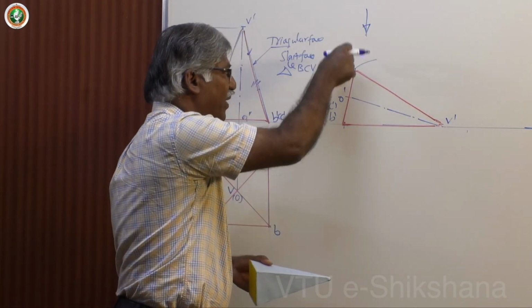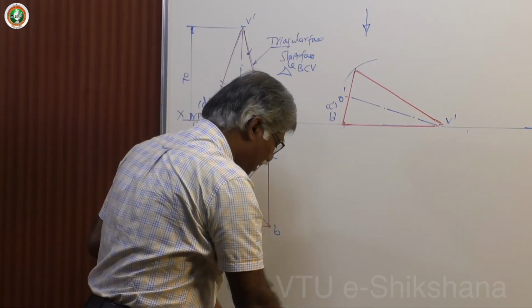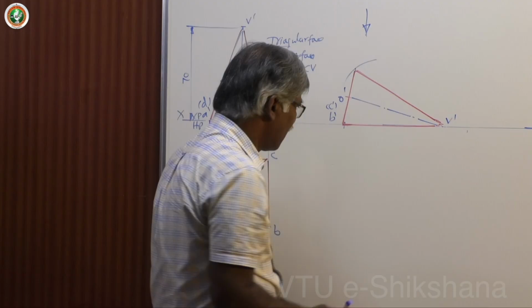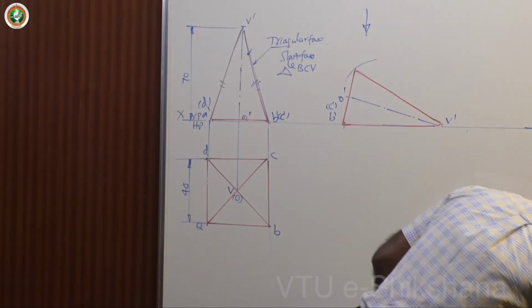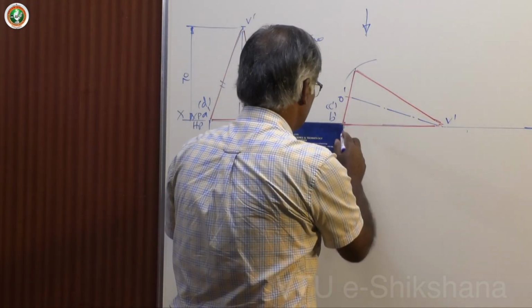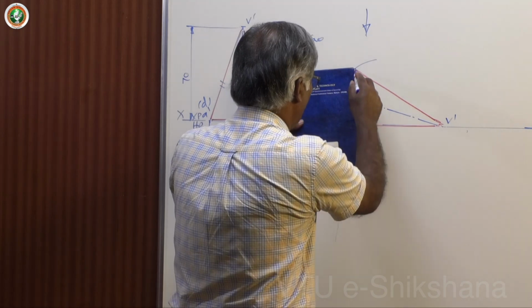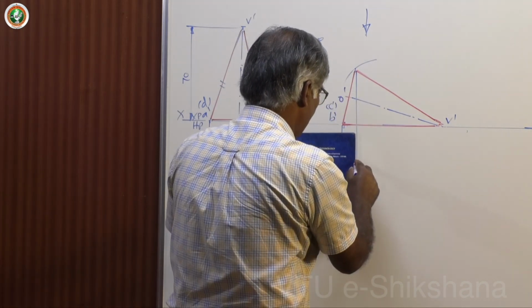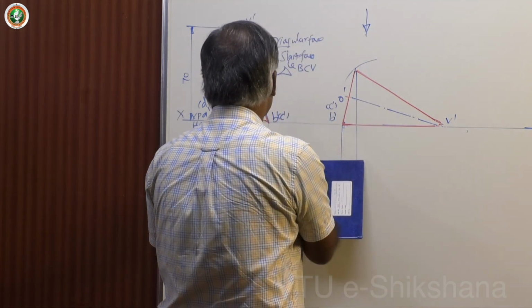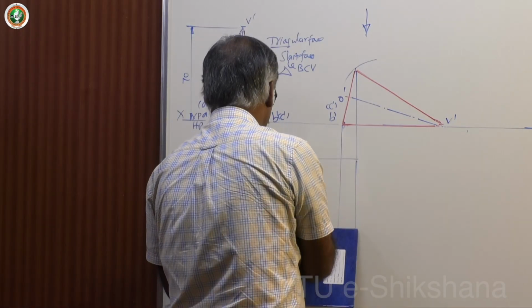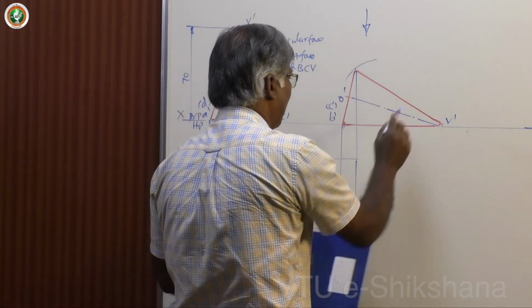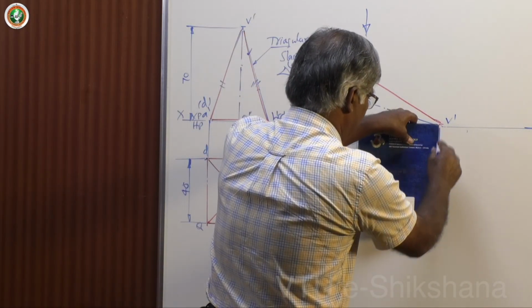So, project it and get the corresponding top view. The apparent shape you get is very small, and that all depends on the height of the axis.